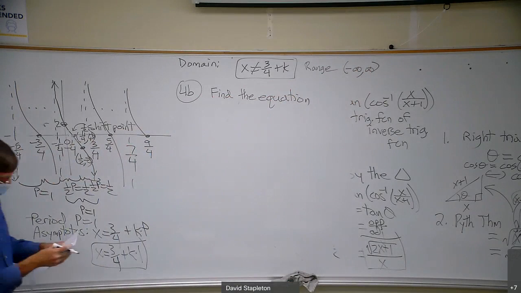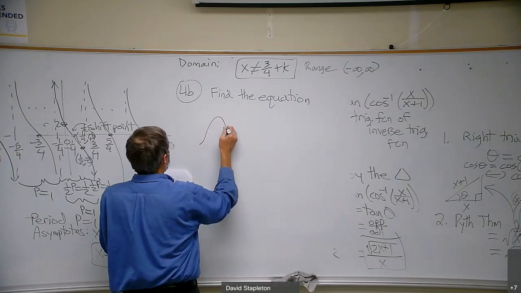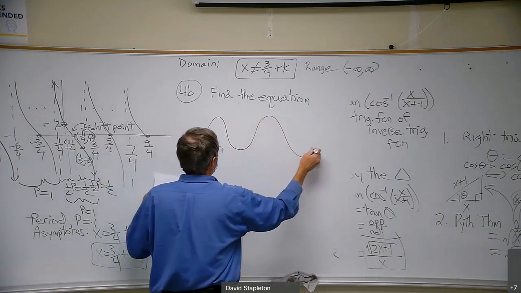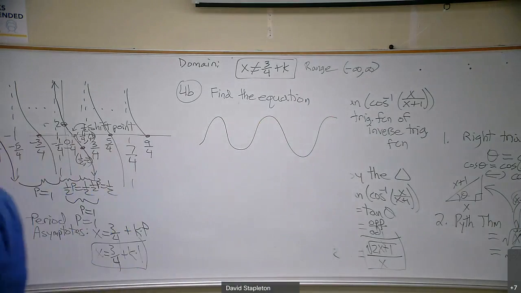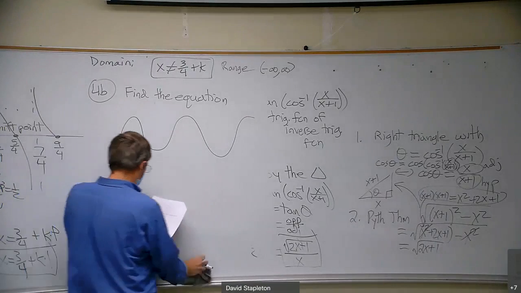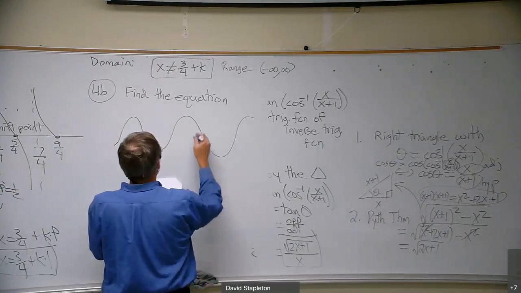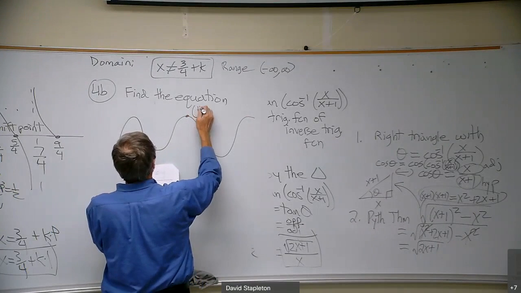All right, here's the next one. This is kind of tricky. We've got a sine wave, so you can model it as a sine or a cosine. And I give you a couple points on it, 3 points actually. Here's a point here, pi over 4, 0.